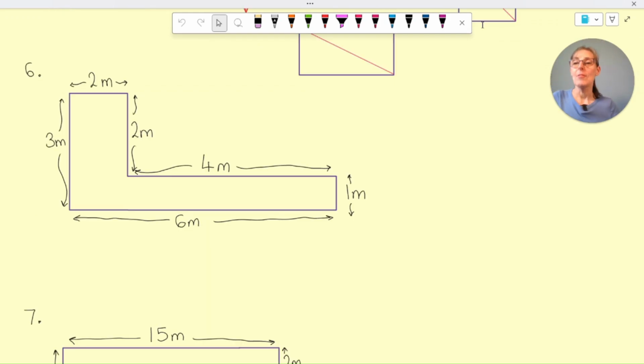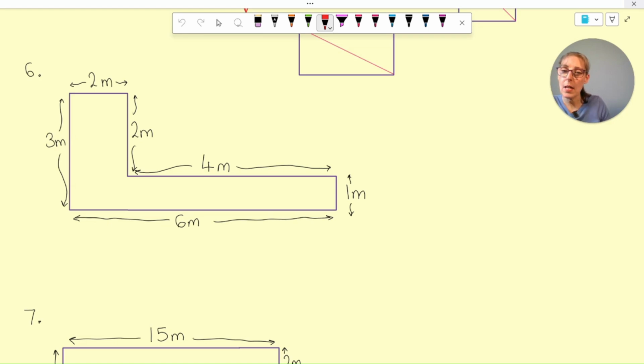Okay, right, let's have a look at question 6. So we have a question that is quite a complex problem here. We've got to split it, I would say, into rectangles.